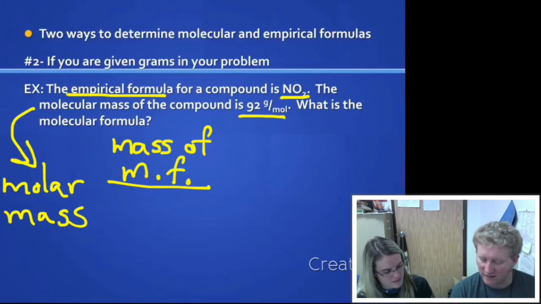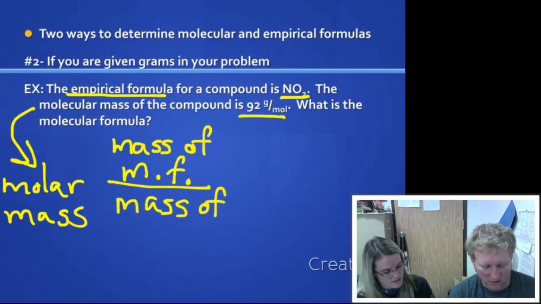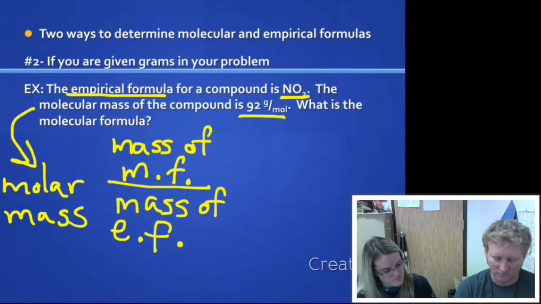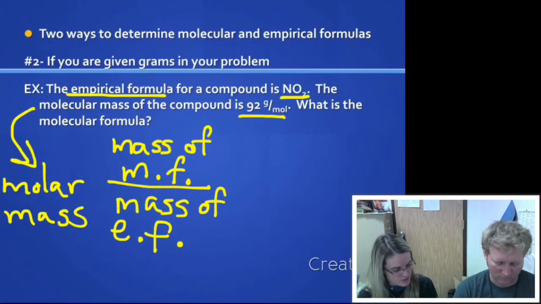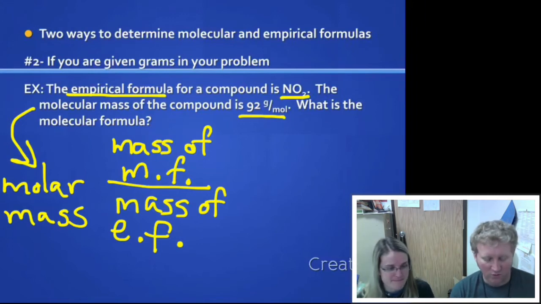We're going to divide that by the mass of the empirical formula. Would the molecular mass, the 92, be your molecular formula? Yes.